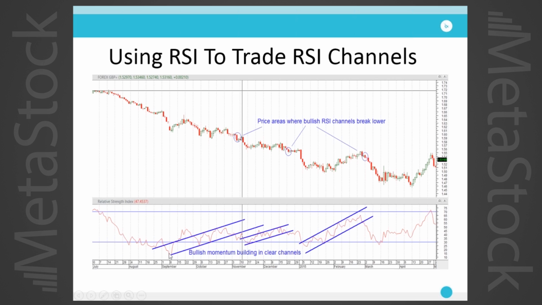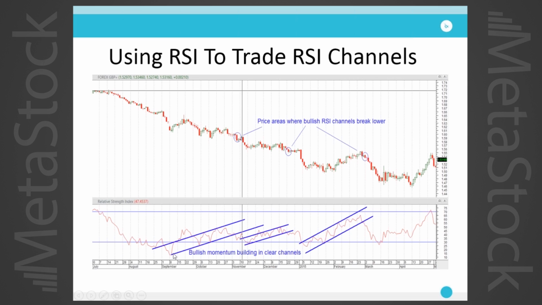However, from this point here, from the September low, we get this capitulation to the downside of bearish momentum. And from this point here, although price is still grinding lower, we can actually start to identify bullish momentum building in the market. And you can note that the momentum building is so orderly, in fact, that we are able to apply a bullish trend line. So this is simply a straight diagonal line applied from the low, joining the successive higher lows in the same way that you would a bullish price trend, effectively.